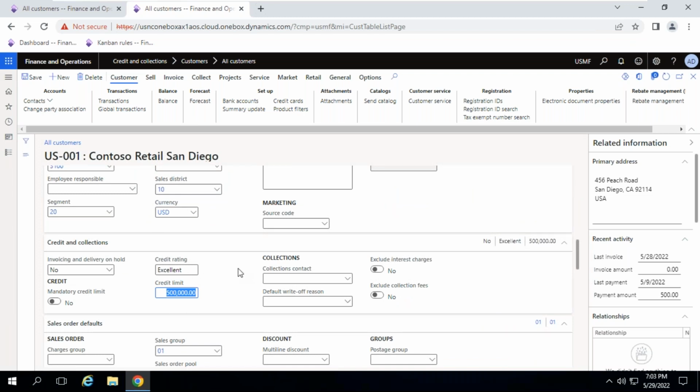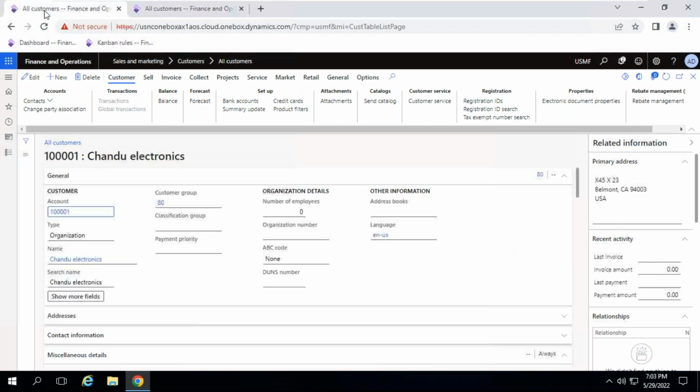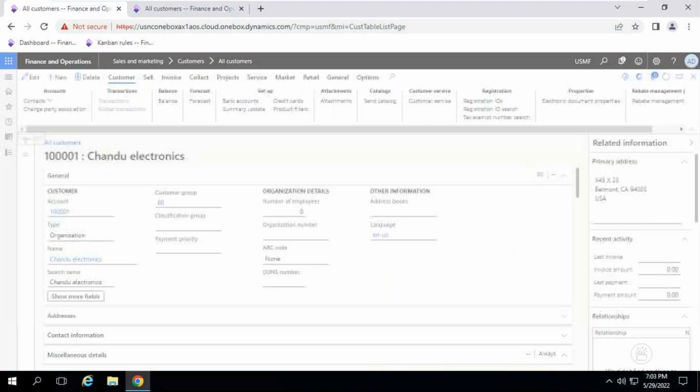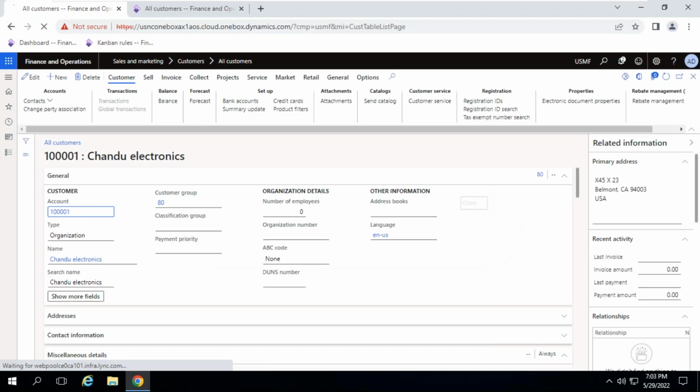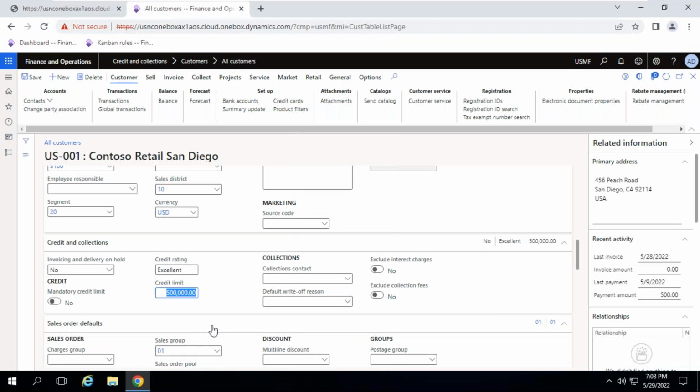In the accounts receivable parameters, what is the logic, how will it be calculated? Whether sales order invoices are calculated, or packing slip done but not invoiced will be considered or not, or only sales order created will be considered or not.